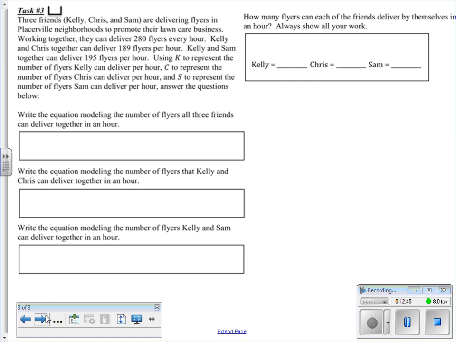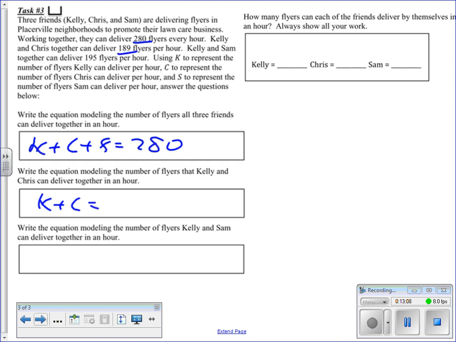How many flyers can they do together? Total. 280 flyers total. So that means K + C + S = 280. Kelly and Chris, K + C. How many can Kelly and Chris do?